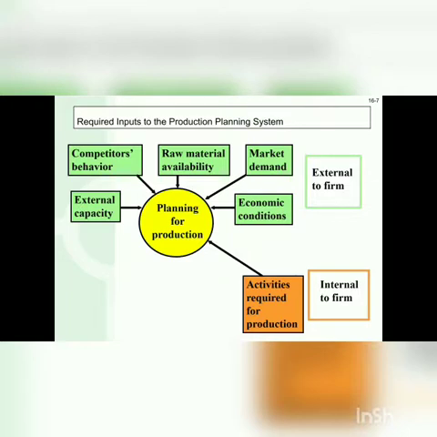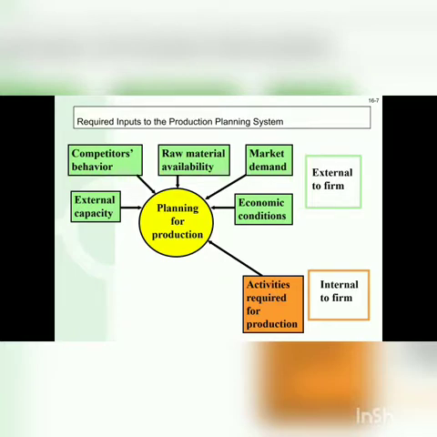Behavior of the competitors also cannot be checked, and the same is the external capacity. So these are the inputs which are basically not in control of the firm. That is why we call them external to the firm.